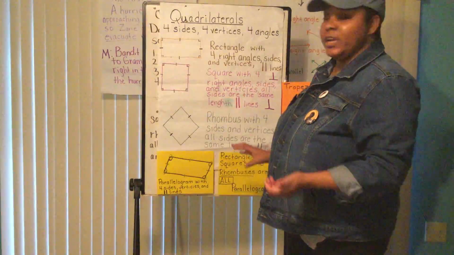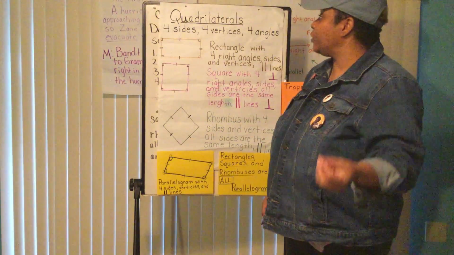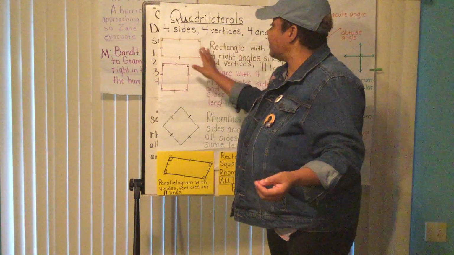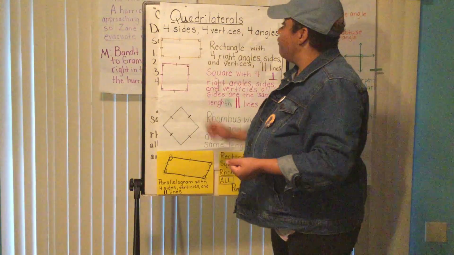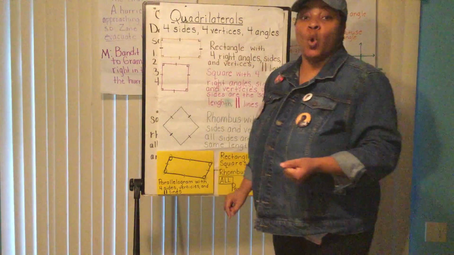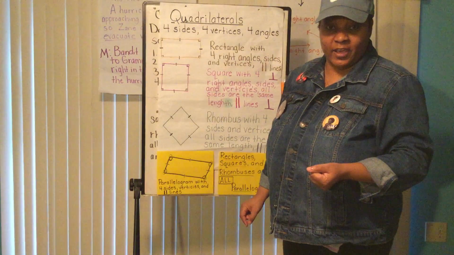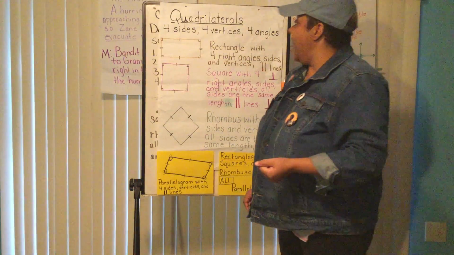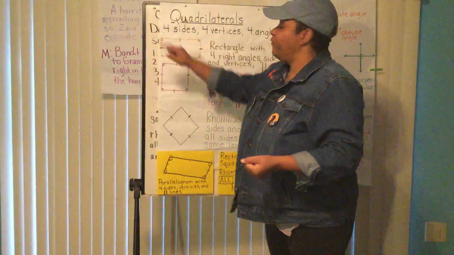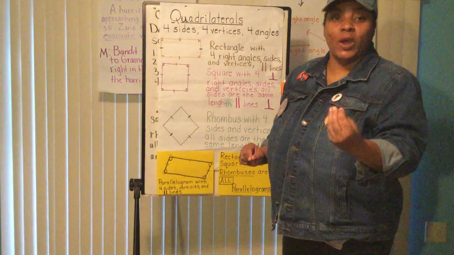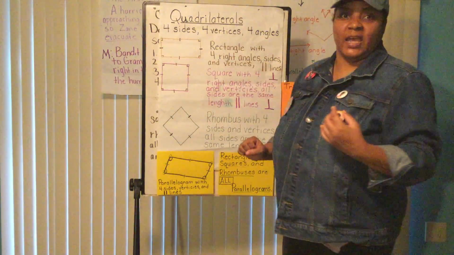Well, I know that this rectangle meets the test as a quadrilateral. Four sides, right? Four angles, square corners, I see that right there. Right angles, and 1, 2, 3, 4 vertices. That's the way to describe the rectangle.